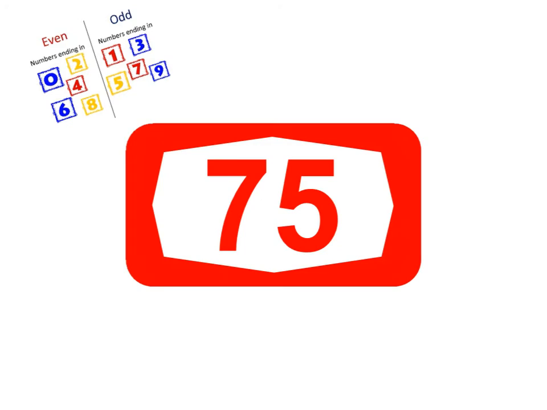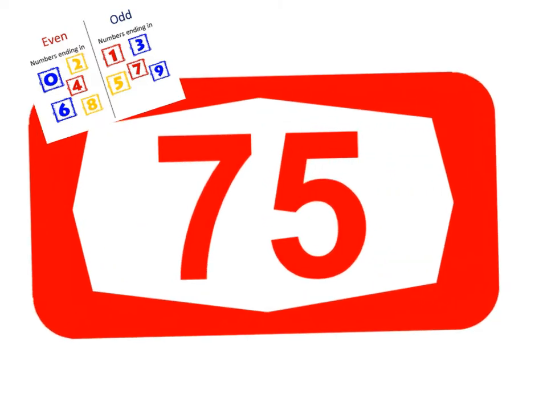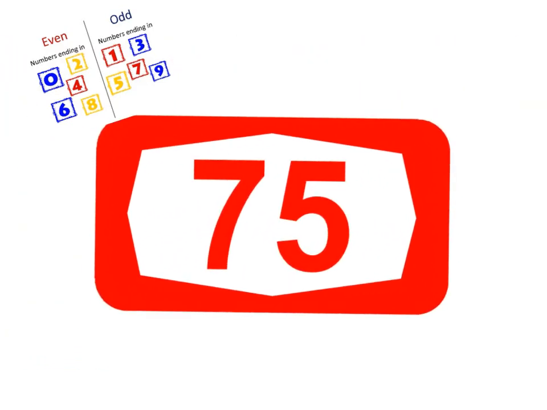Now, sometimes it would be a bit tricky to divide a really big number into two groups. It would take you a pretty long time to move them one at a time to see if they can be divided into two equal groups. So again, we go back to the trick. We look at the number and we can see here this is the number 75, 7 tens and 5 ones. We don't have to worry about the whole number, we just want to worry about what's in the ones column.